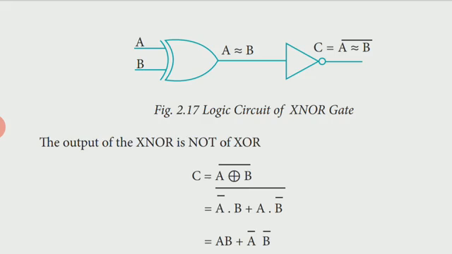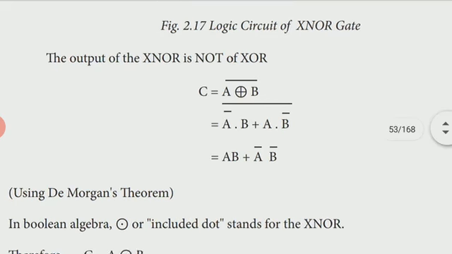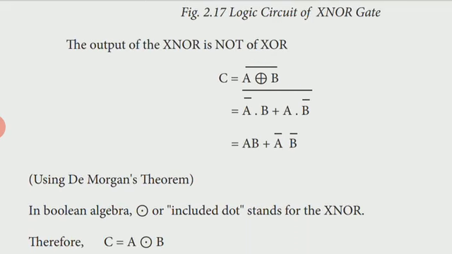A encircled plus B, then using the NOT symbol, we got the complement of A encircled plus B. So this is the expansion: C equals A encircled plus B, the whole complement. A encircled plus B means A complement dot B plus A dot B complement. So that you can write as AB plus A complement B complement, using De Morgan's theorem.